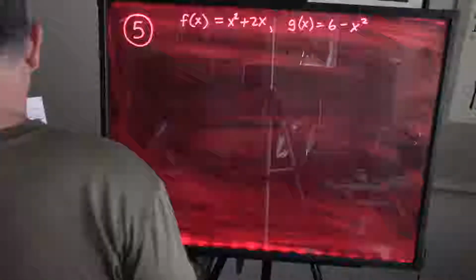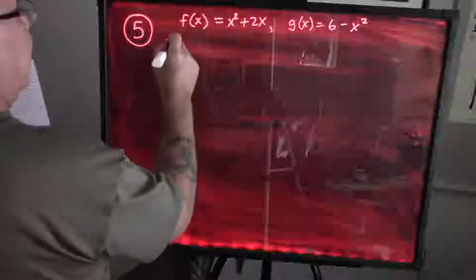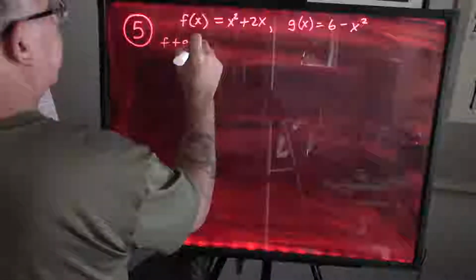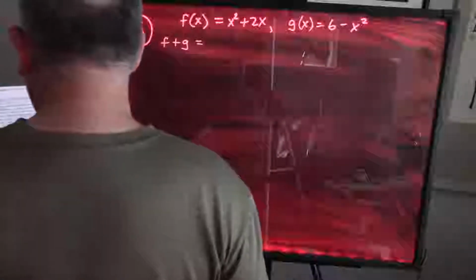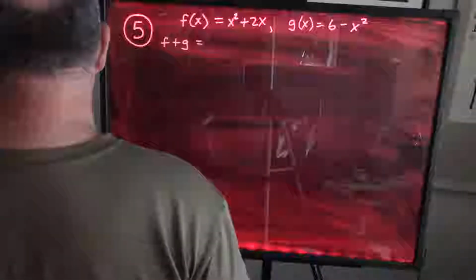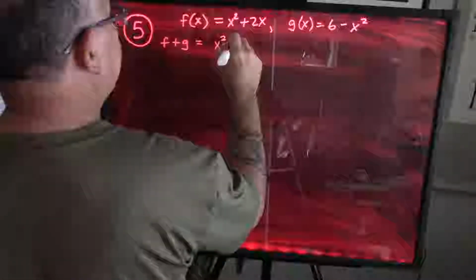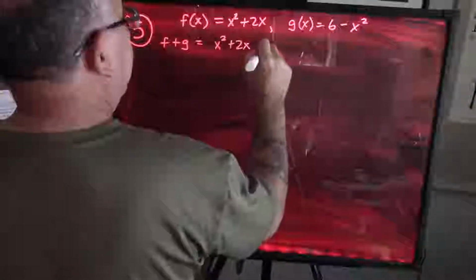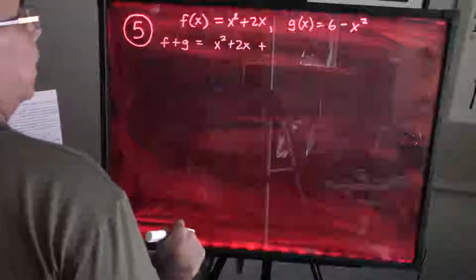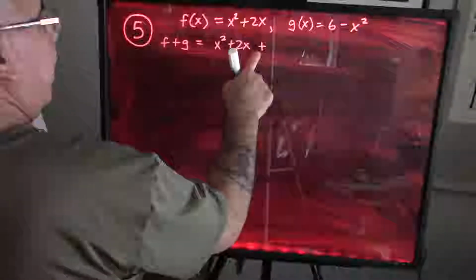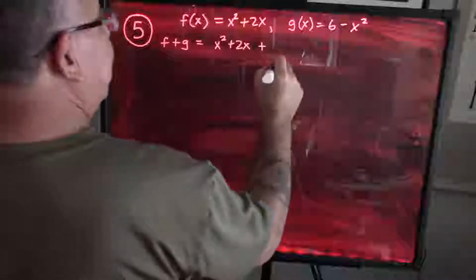Okay, let's do f plus g. So that'll equal f of x plus g of x. What's f of x? X squared plus 2x. And then you're adding to that g of x, which is 6 minus x squared. Now since I'm adding, I don't have to worry about parentheses here.